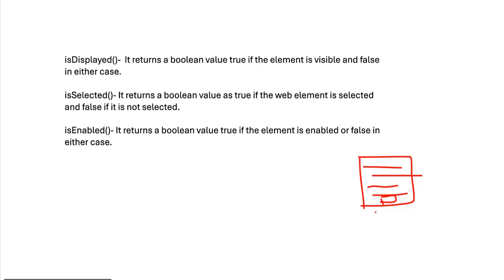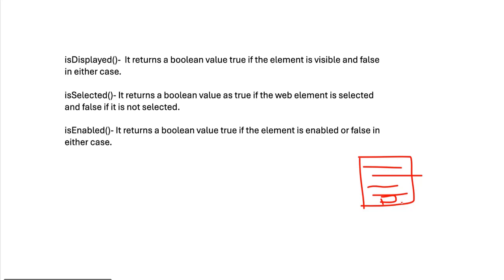You can apply it on any of the fields, whether the field is enabled or not, or a particular button is enabled or not. You can fill in all the information and then check whether the submit button is enabled or not. Likewise, the isEnabled method returns true in case the button or the element is enabled. It returns false when the element is disabled.